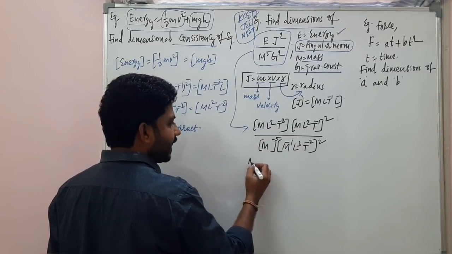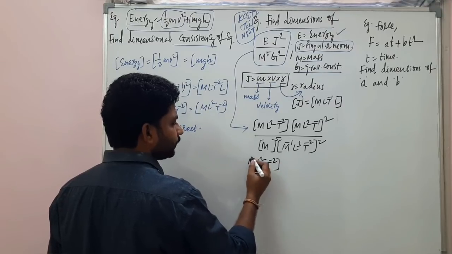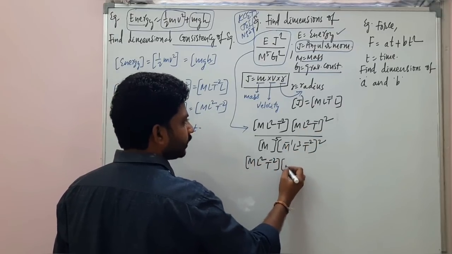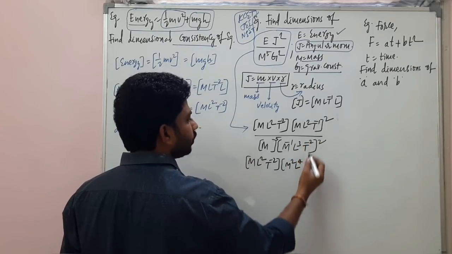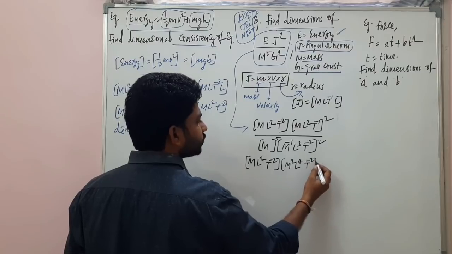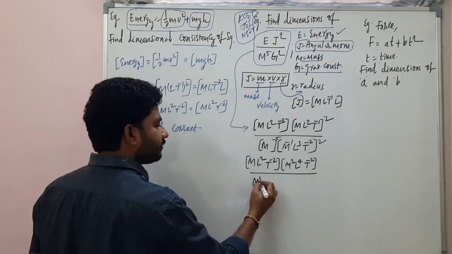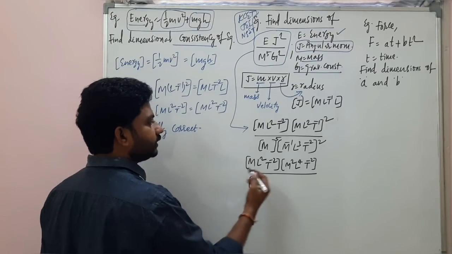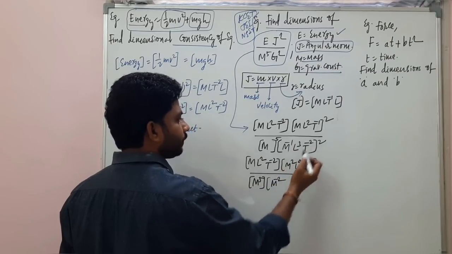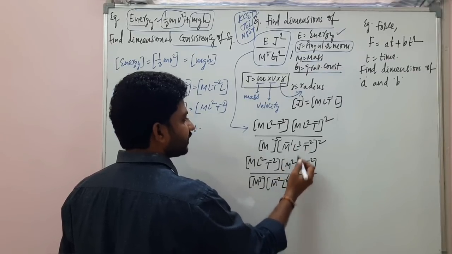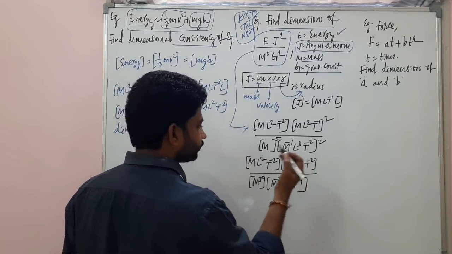This is the numerator, M L square T minus 2, and this is M square L to the power 4 T to the power minus 2, divided by M5 into M minus 2 L raised to 6 T minus 4.